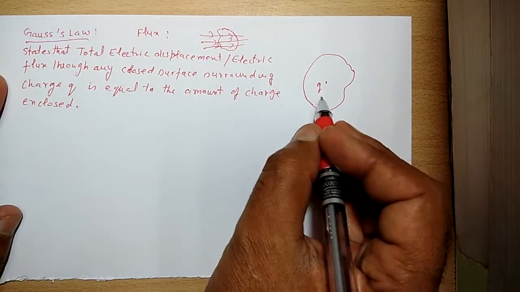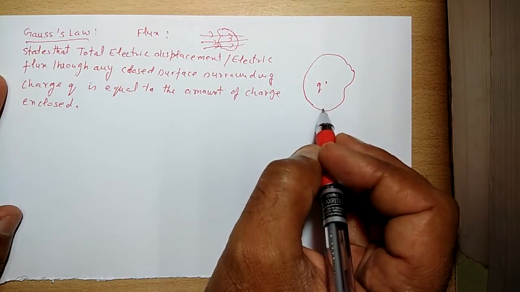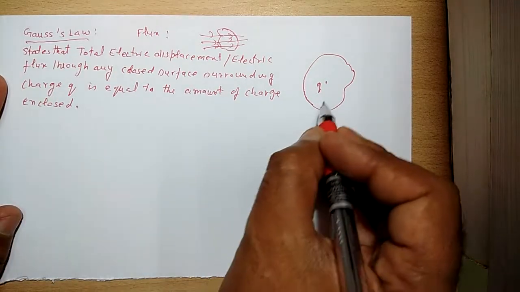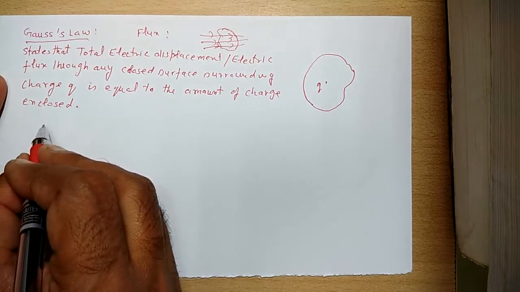So here we have considered the charge Q is located in a homogeneous isotropic medium whose dielectric constant is epsilon.